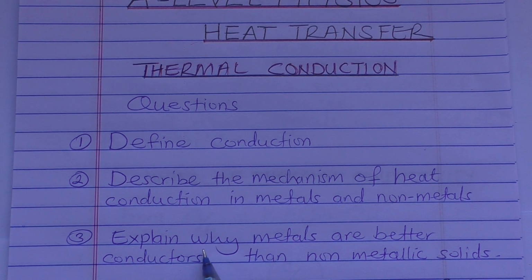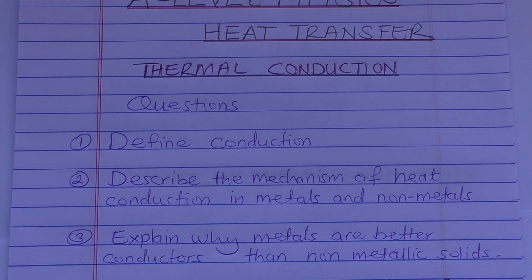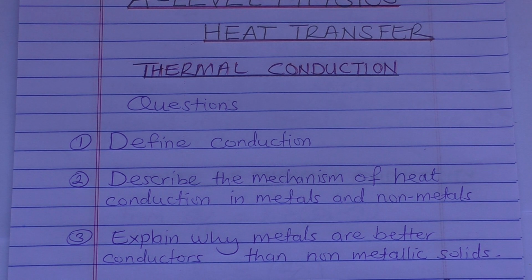And actually that also answers the third question as to why metals are better conductors than nanometals. Because we've seen that in metals, heat is transferred by two mechanisms, the atomic vibration and the mobile electrons, whereas in nanometals, it's by only the atomic vibration.